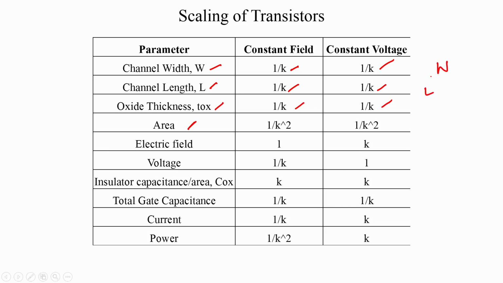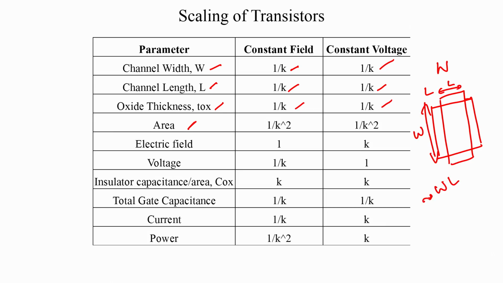Of course, there are a lot more things to the area because you have to have your pads and your interconnects, but to first order the size of the transistor, if you are familiar with transistor layout, you have a certain channel length and a certain channel width, and therefore, the area simply scales as W times L, plus of course, there are many other aspects to the area. So, that will go down as 1 by k square since both my W and L reduced by a factor of k. So, that is area.